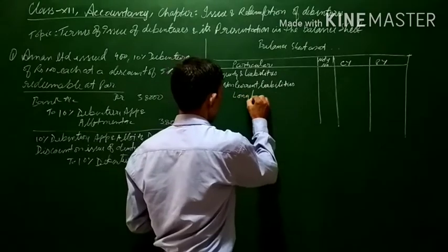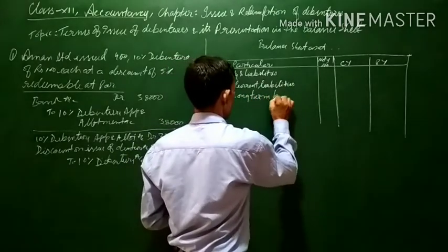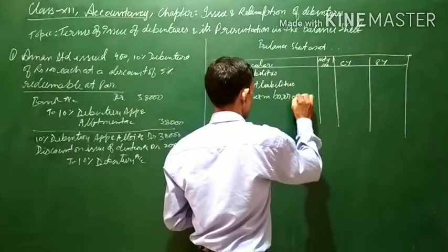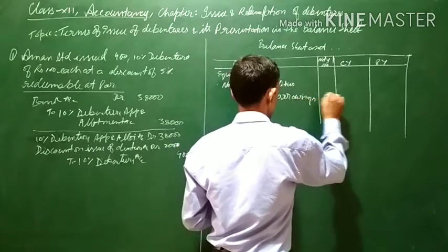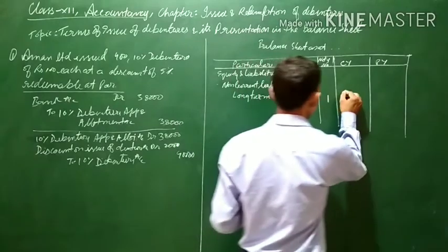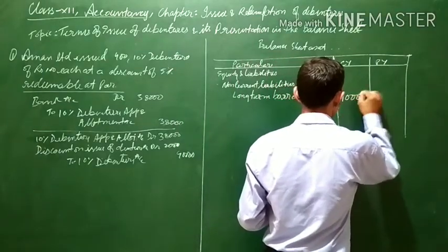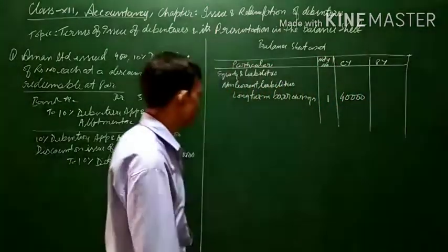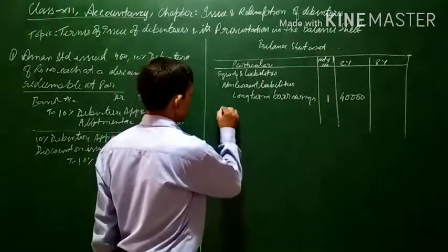Debentures come under long-term borrowings. Note number also we will be writing 1, and the amount of the borrowing is 40,000. Now next come assets.